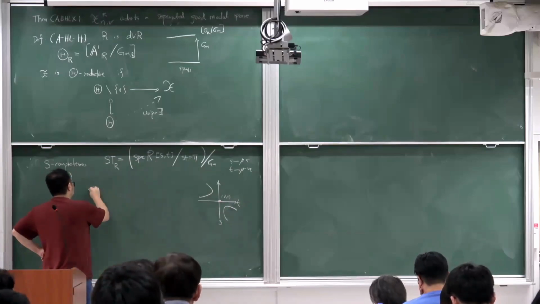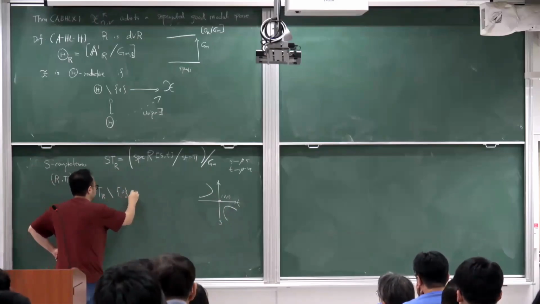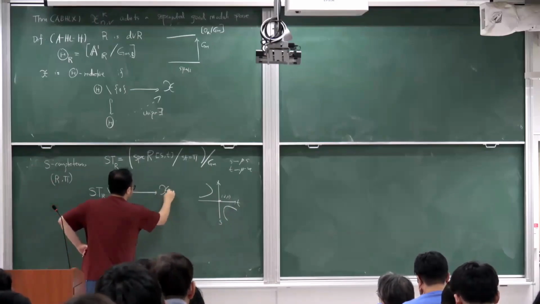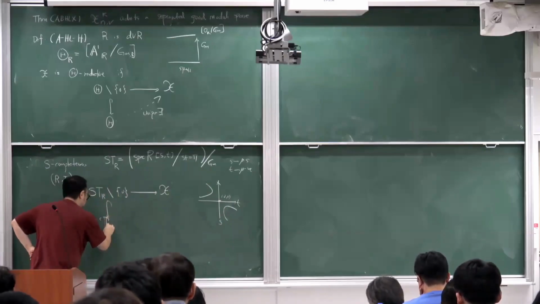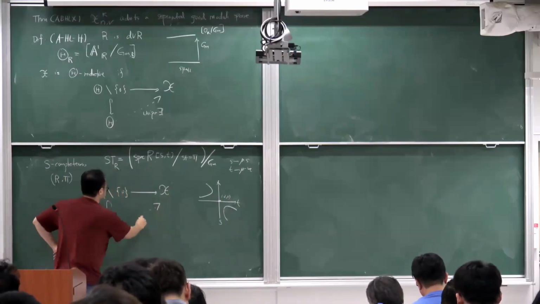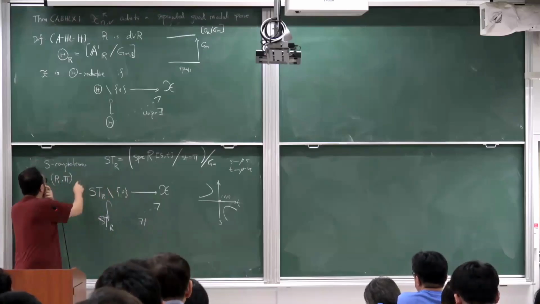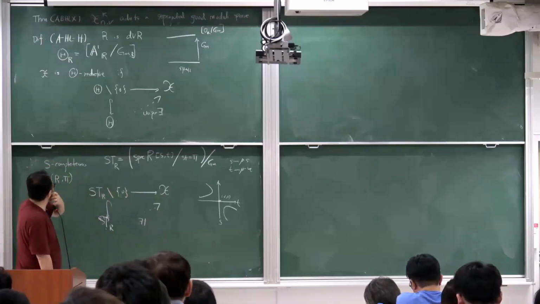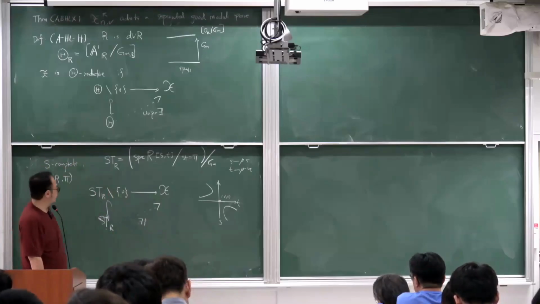Then you can imagine the criterion I need: the map to X, defined away from this point, can be uniquely lifted to this. This is called S-complete. That's called theta-reductive, and this is called S-complete.